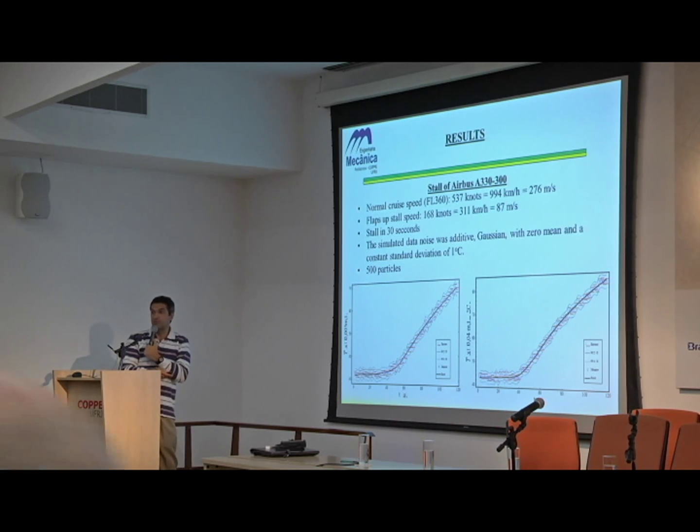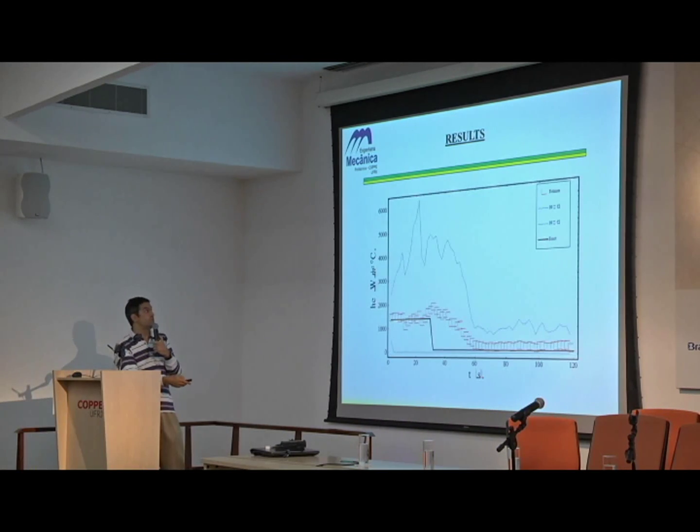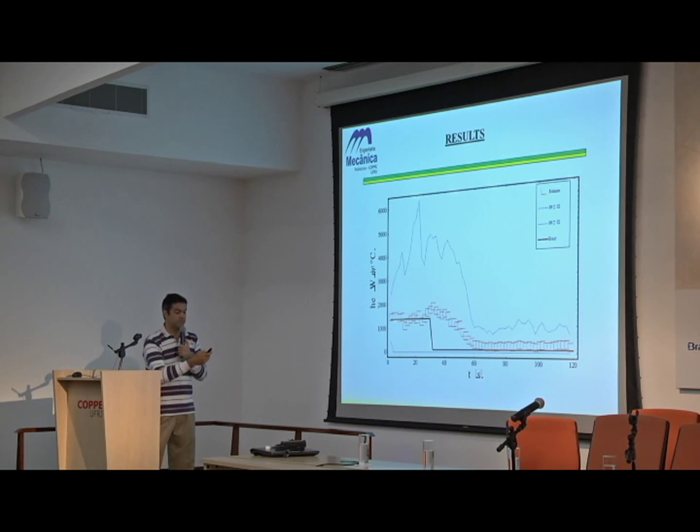Our interest, of course, is not in the temperatures themselves, but in the heat transfer coefficient and the airspeed. And although we can eventually recover the heat transfer coefficient at the tip of the probe, thus characterizing the formation of ice at the tip, this is still done with a large uncertainty.